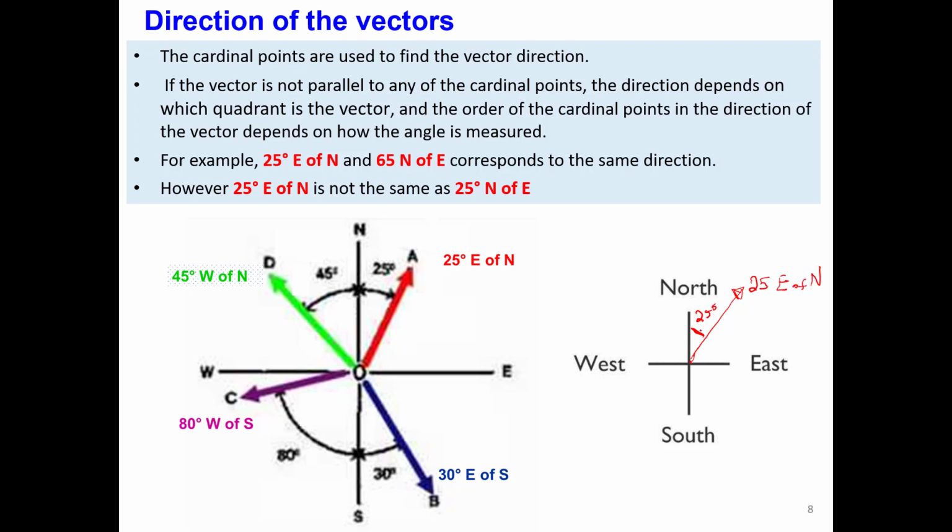Where we start measuring the angle will be the last cardinal point. Then we can also give the direction of this vector if we measure the other angle. Let's think now we measure this one, and we know this will be 65 because here is 90 degrees, and it will be 65.